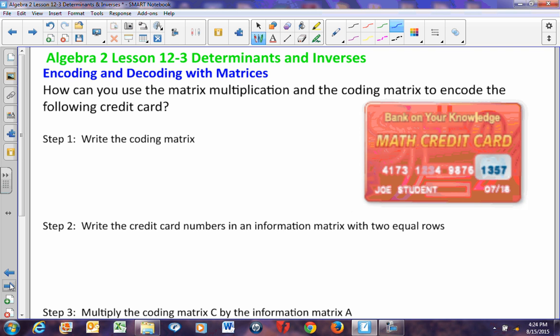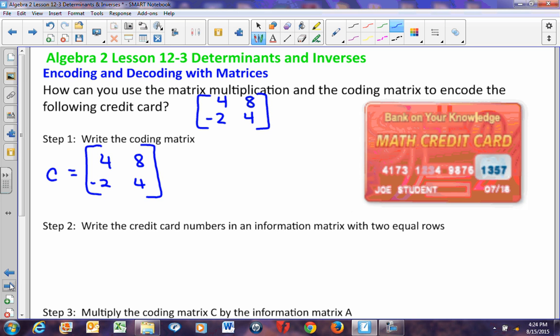The coding matrix we're going to use is 4, 8, negative 2, 4. So we're going to use this coding matrix to encode. Matrix C is our coding matrix 4, 8, negative 2, 4. It says write the credit card numbers in an information matrix with 2 equal rows.